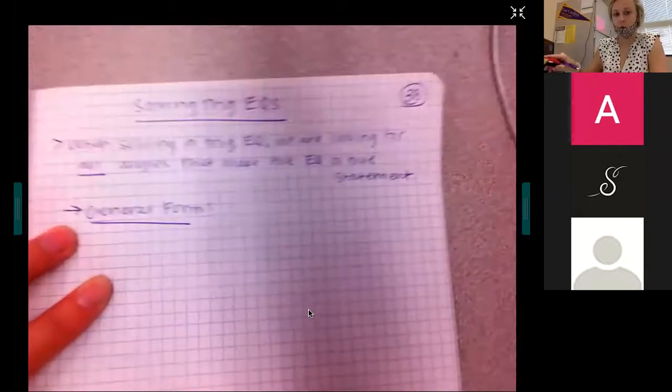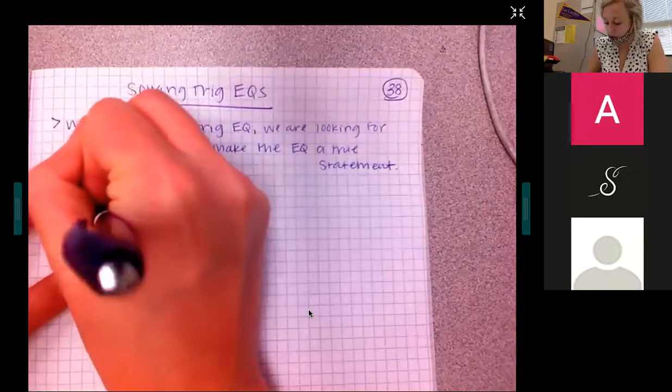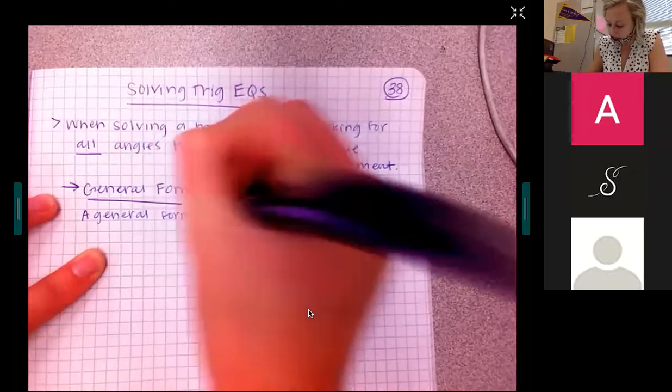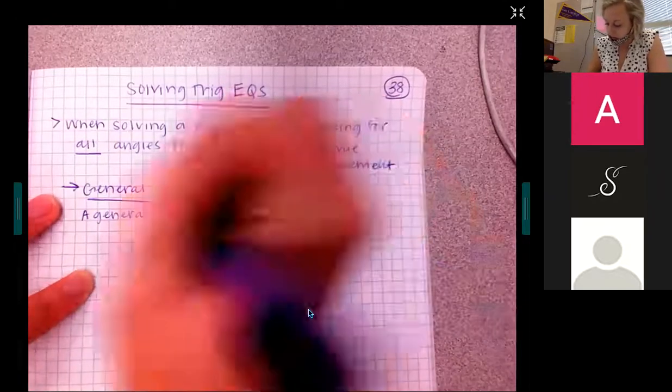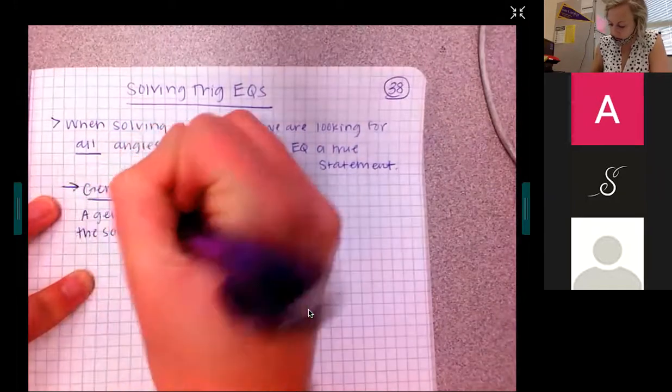So, general form is just a general formula for the solutions. I'm going to put solutions because it's sometimes more than one.